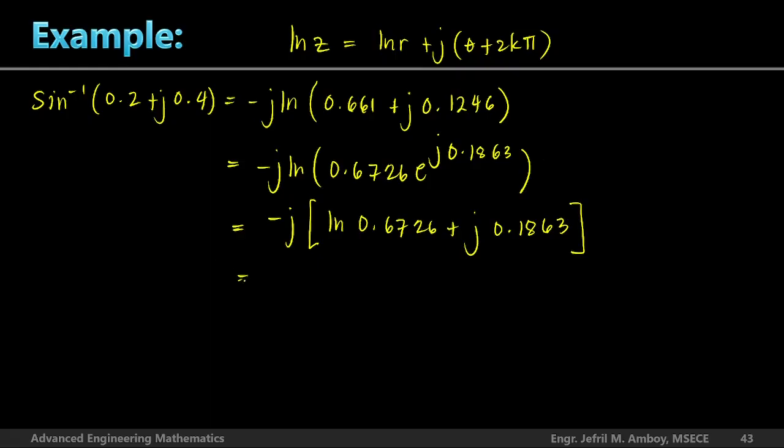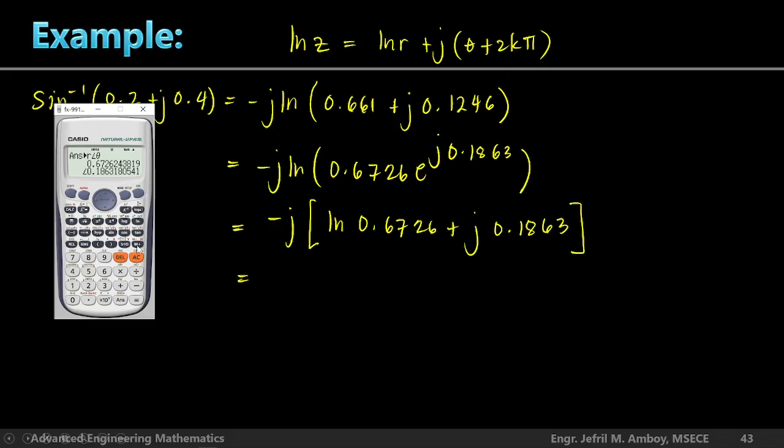Okay. So, gawin na lang natin sa calculator para mabilis. So, meron tayo ngayong negative i times ln of this. Okay? Ano ba to? Yan yung absolute value ng complex number na nakastore sa C. Di ba? So, gawin na lang natin yun.